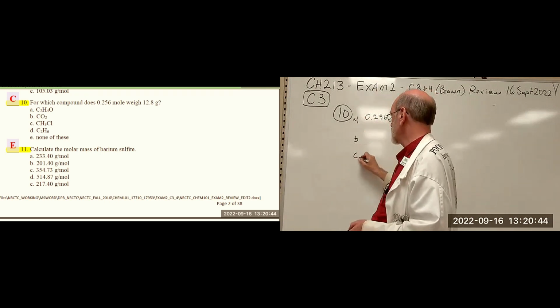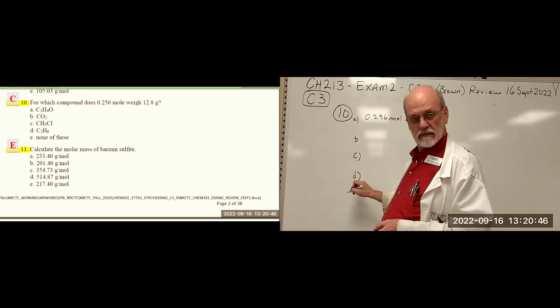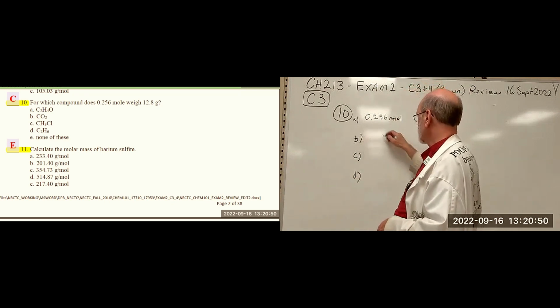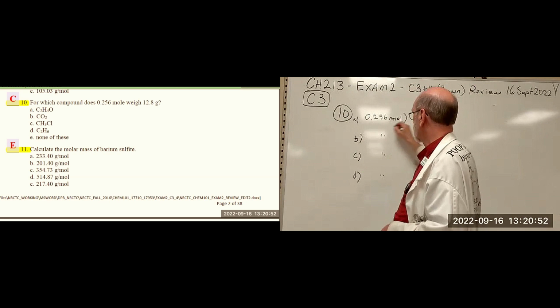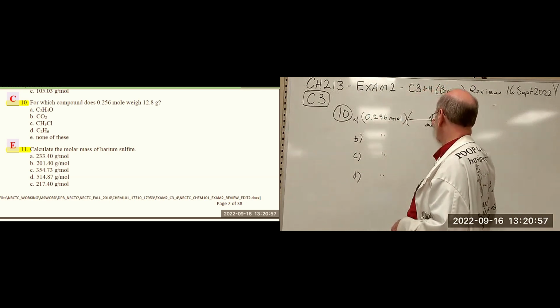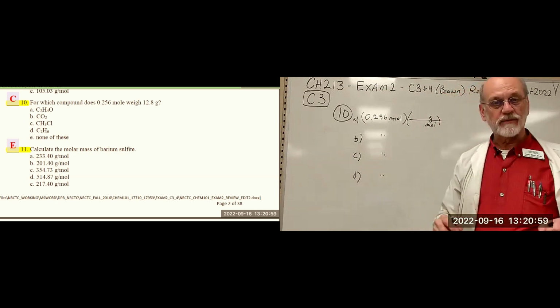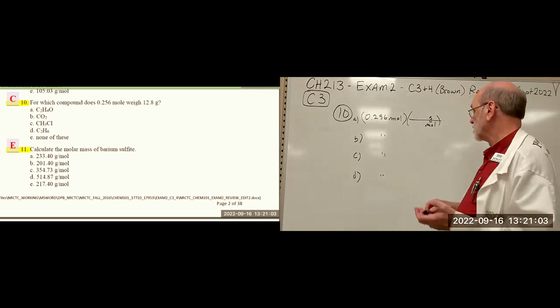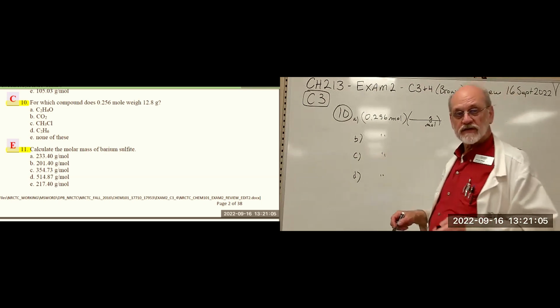A, B, C, D. And E is none of these. So you'd have that value here, and then you need to convert it to grams and see if it compares to 12.8. Right? So for the first one, you'd need C2H4O.